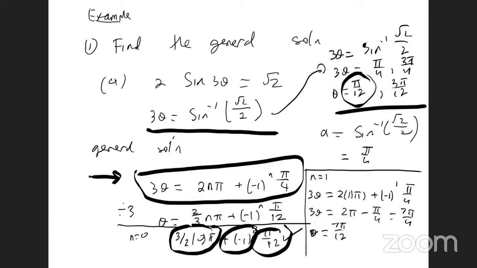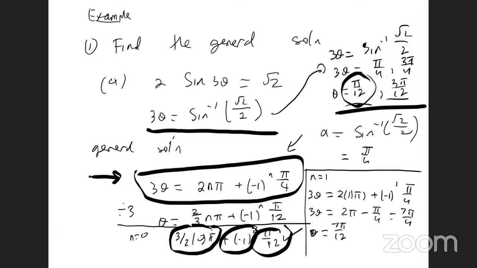So you see what the formula gives you now, Sarah? The formula allows you to get any of these angles. So instead of having to work it out, just use this formula. 3 pi on 4 divided by 3 is pi on 4, or 3 pi on 12. Check the calculator answer.